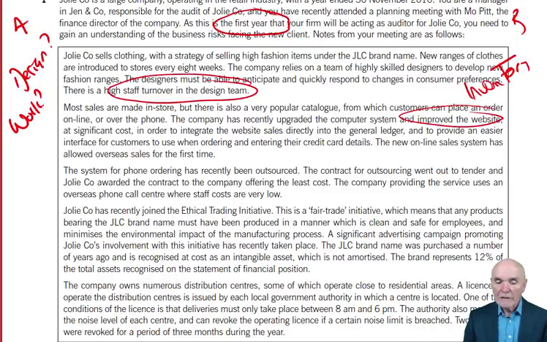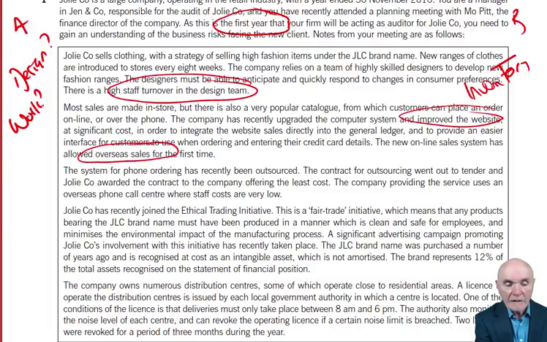And then we have the new online sales system has allowed overseas sales for the first time. So what happens once you begin to branch overseas here? Well, you could say, are the designs from your home country, how popular are they going to be overseas? It introduces certainly costs and maybe risk of physical loss as you send the stuff overseas, it gets lost in transit and so on.